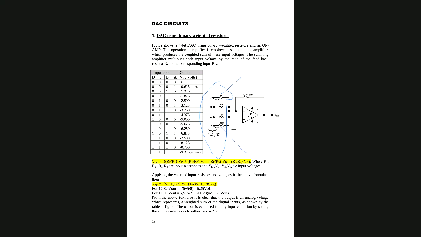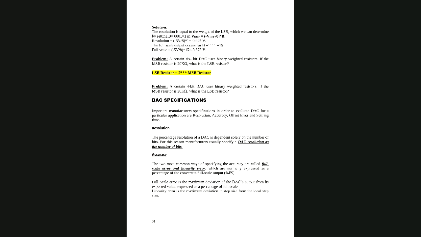What is the relationship? The relationship is based on this formula: 2 to the power n minus 1 times MSB. So you will apply this formula in this problem and you will find out.